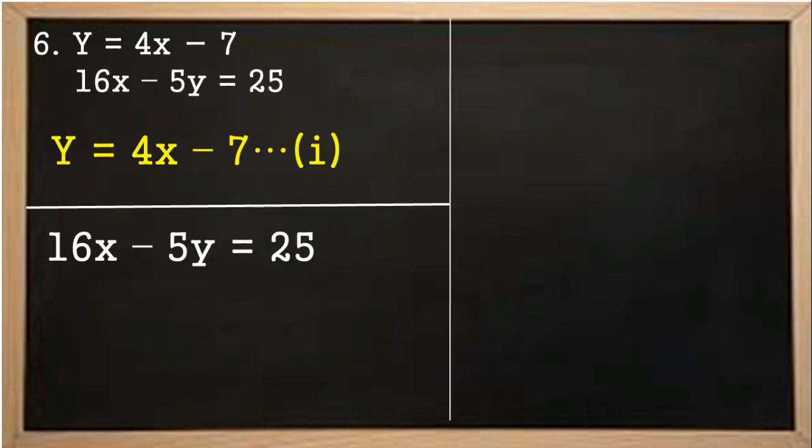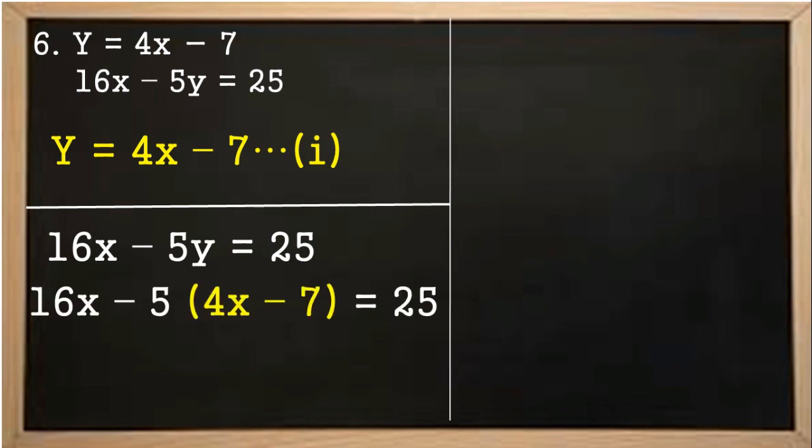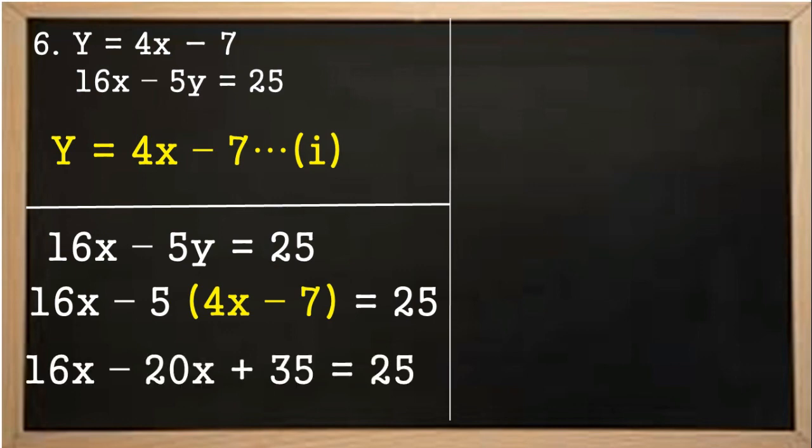Now consider the second equation. 16x minus 5y is equal to 25. Substitute 4x minus 7 in the place of y. Find out the product. 5 4s are 20x, minus into minus plus, 5 7s are 35. Do the necessary calculation. 16x minus 20x is minus 4x.